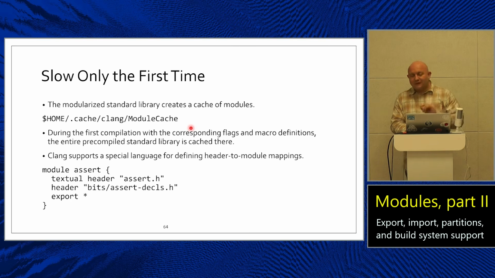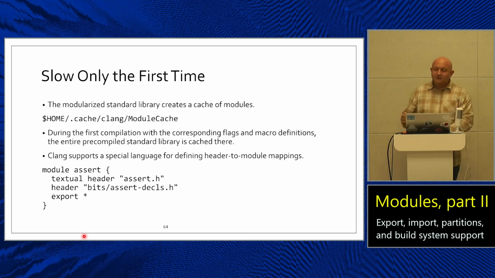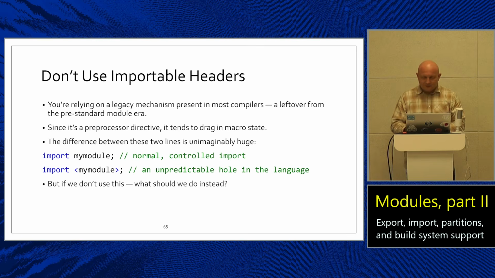Oh, and by the way, Clang even has its own tiny language, this one, to describe header to module mappings. You can literally write a small file saying which headers belong to which module. And that's how the standard library got modularized at the first attempt several years ago.